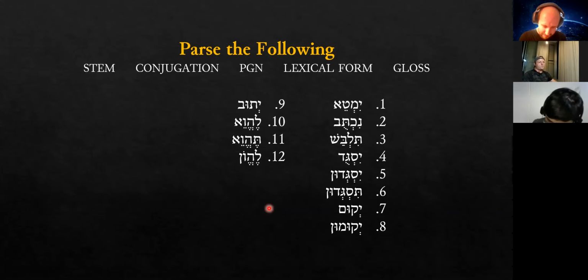So they will be. Haya is live, that's with tet. But notice what happens is that the on ending replaces the aleph on the end.